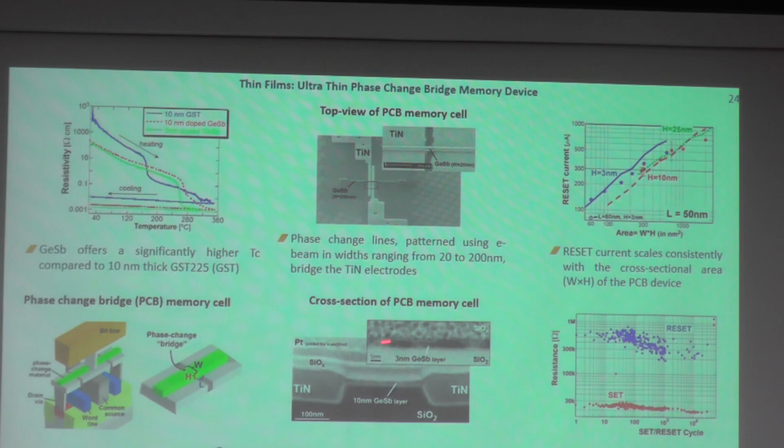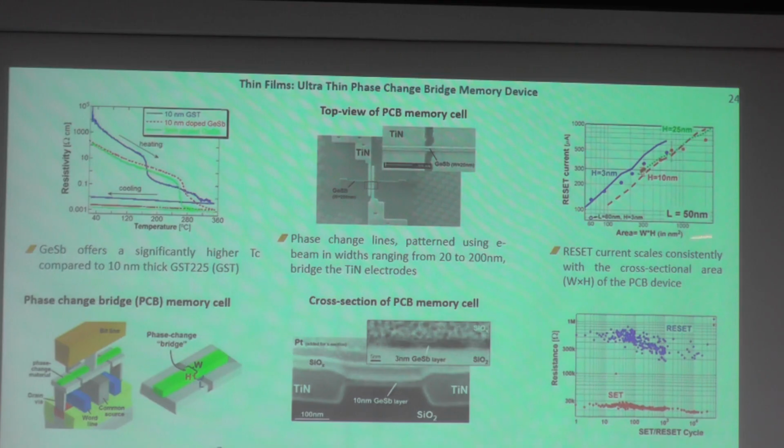Here you can see the integration of this 3 nanometer germanium antimony layer into a real device with titanium nitride and silicon.